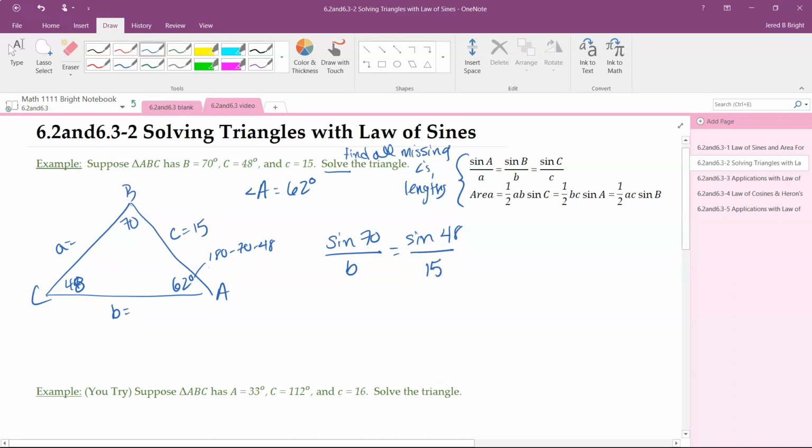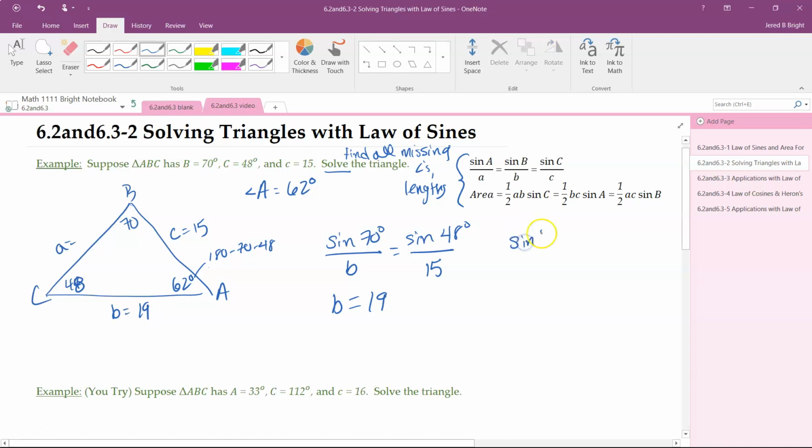Solving, I get that b is 19. Also make sure that your calculator is in degrees. If it is in radians, you are going to mess up. So b is 19.